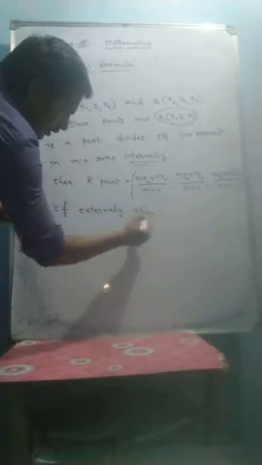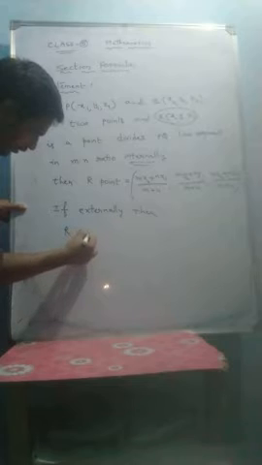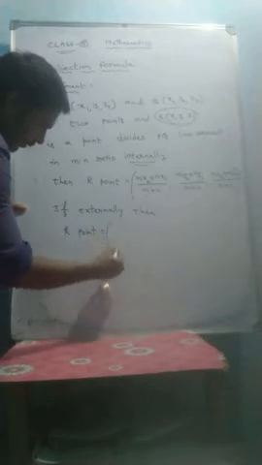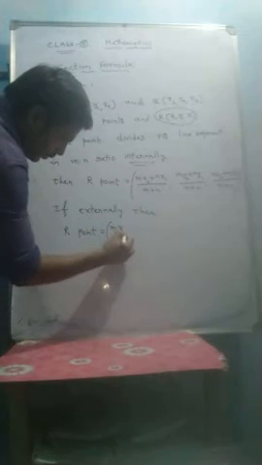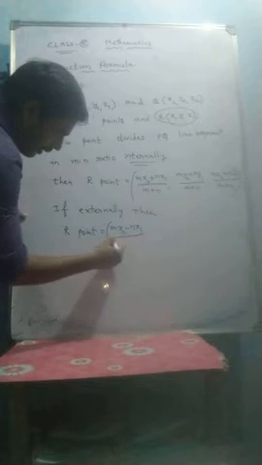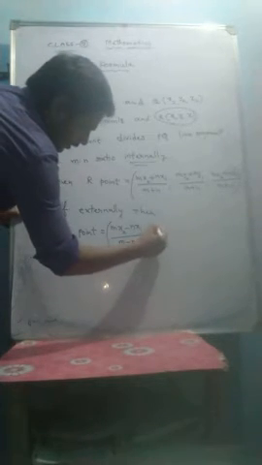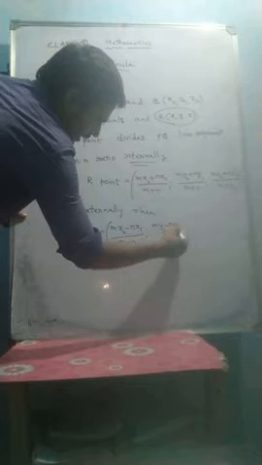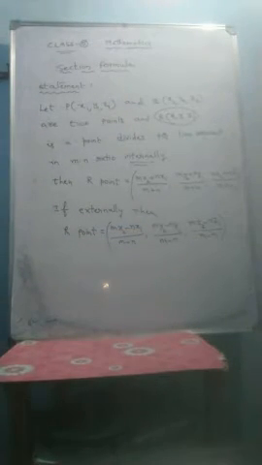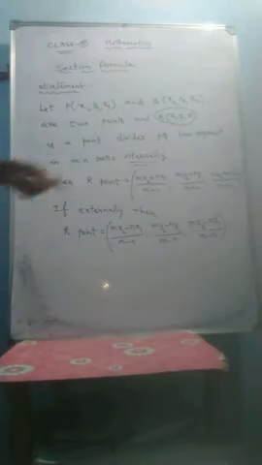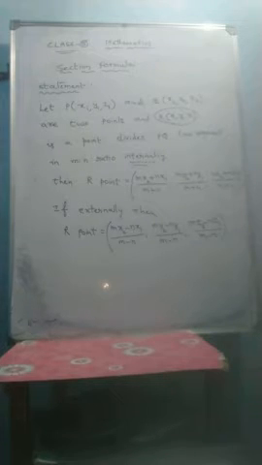Then the R point is equal to, where plus is there we get minus: (mx2 minus nx1) by (m minus n), comma, (my2 minus ny1) by (m minus n), comma, (mz2 minus nz1) by (m minus n). Okay, that is the statement. This is called the section formula statement. Okay, write it fast.